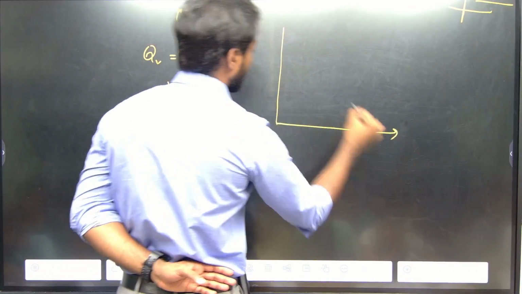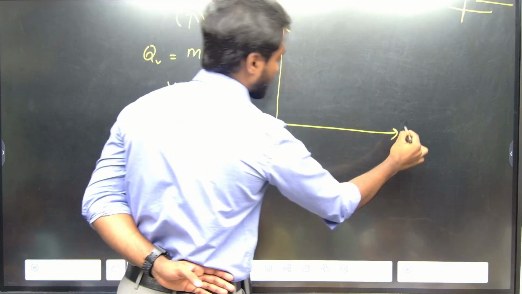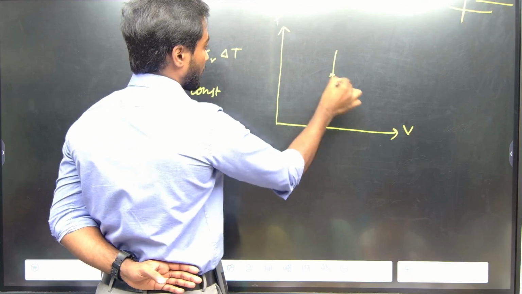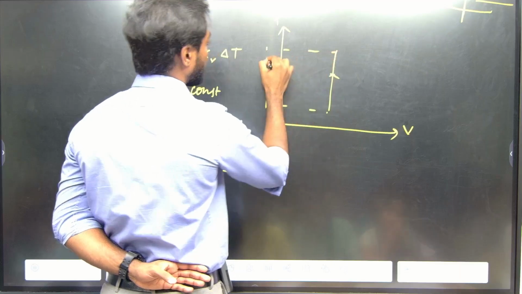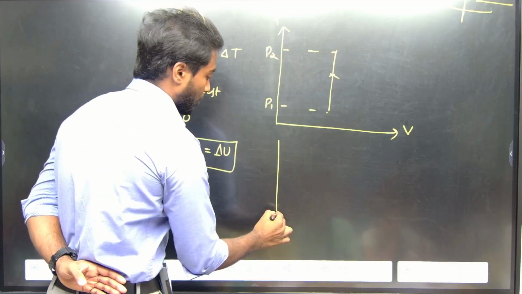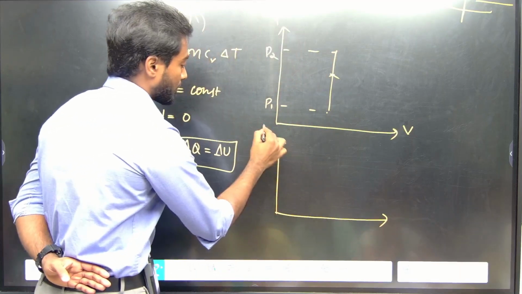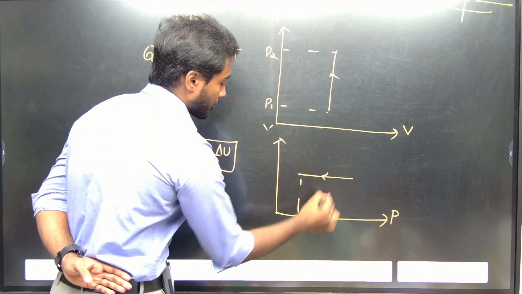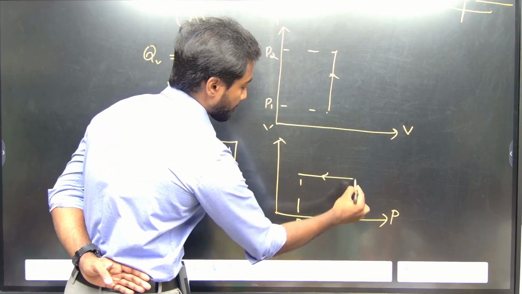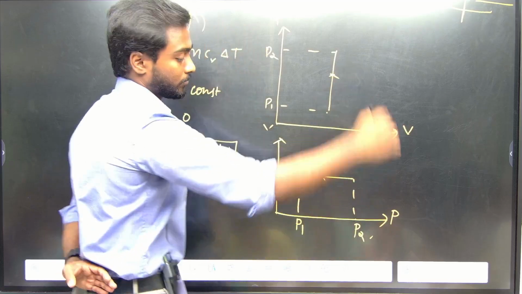So the graph will be looking like this. This is my pressure and this is my volume. So constant volume, this is my P1 and this is my P2. And when I talk about this, this is my volume and this is my pressure, P1, P2.